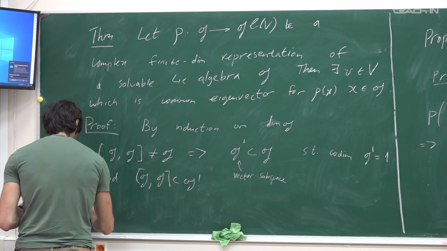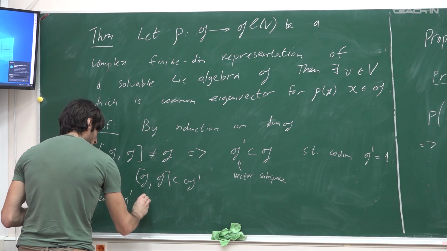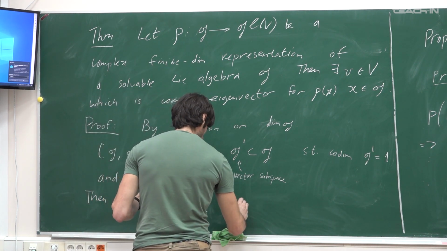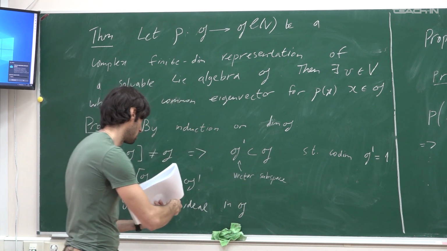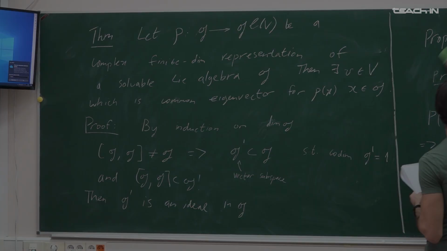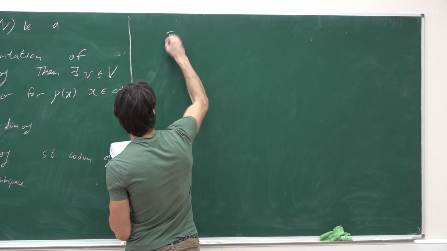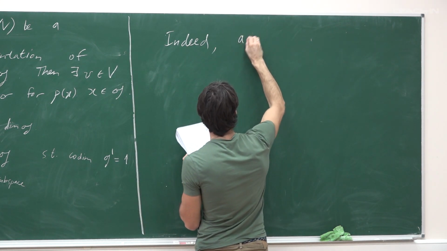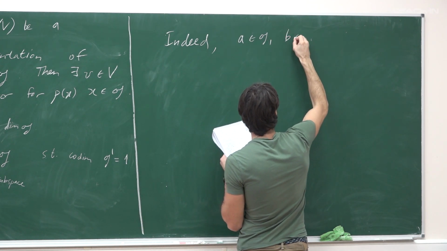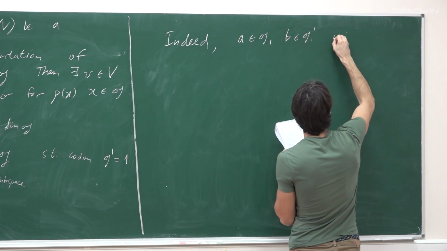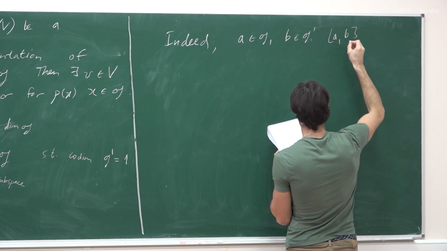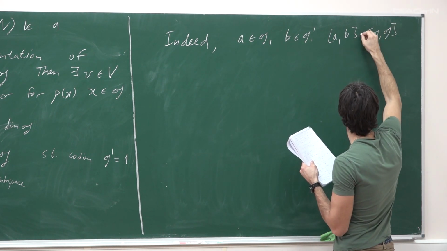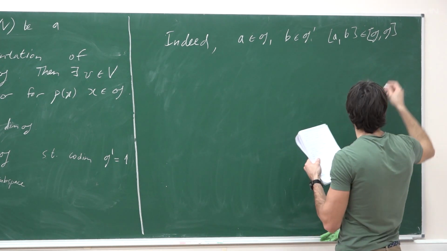I claim that then G prime is an ideal in G. Because, let's check. Indeed, if I take, say, A in G and B in G prime, compute [A, B]. It's inside the commutant, so it's inside G prime.